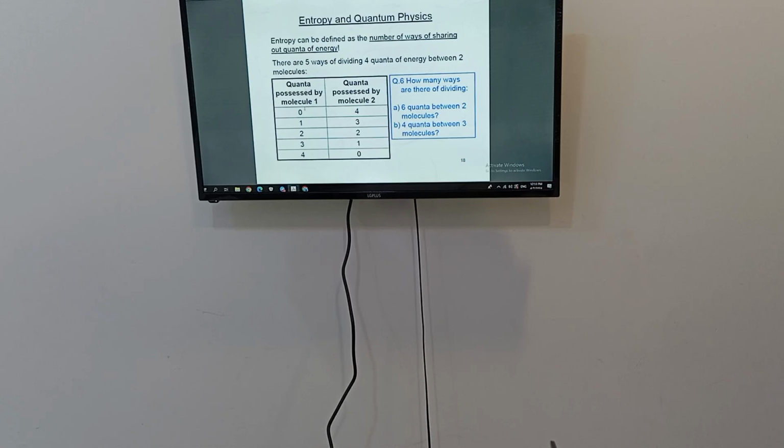Quanta possessed by molecule 1 will start from 0 and increase to 4, and the quanta possessed by molecule 2 will start at 4 and decrease to 0. How many ways are there of dividing? Again, there are 5 ways. 6 quanta between 2 molecules and 4 quanta between 3 molecules.